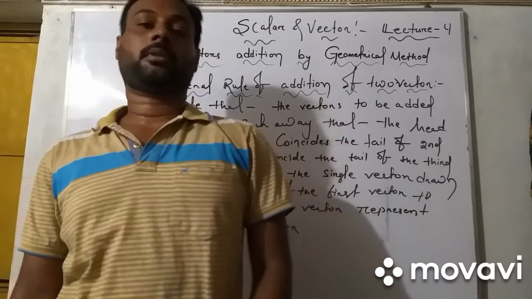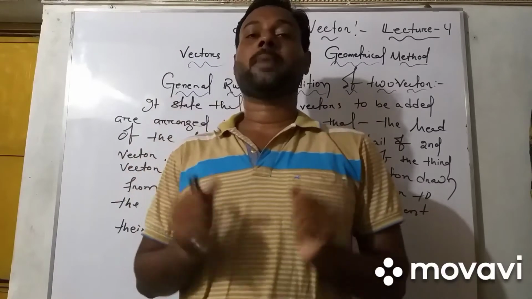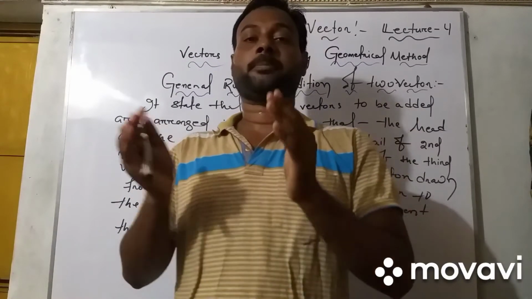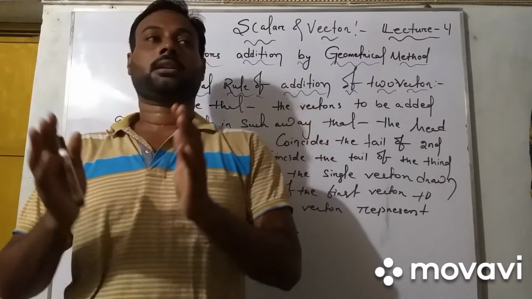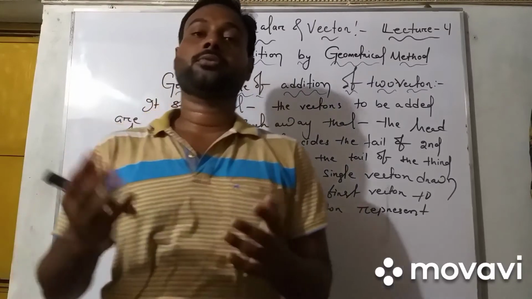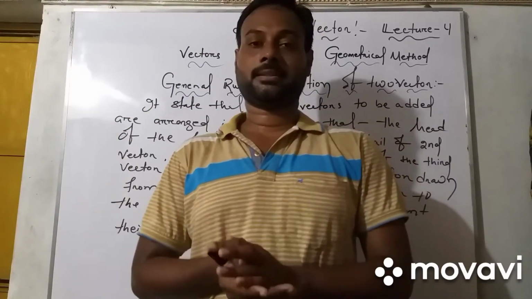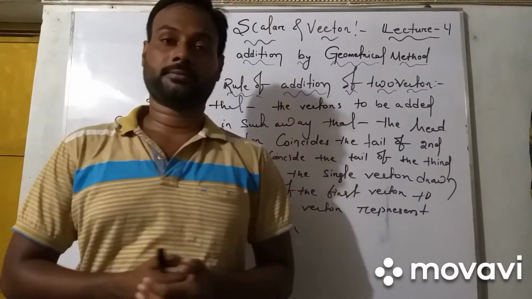Already I have discussed what is scalar, what is vector, why we use vectors, what is the representation of a vector, and for what purpose vectors are used. There are some properties like shifting, that is parallel shifting of a vector.